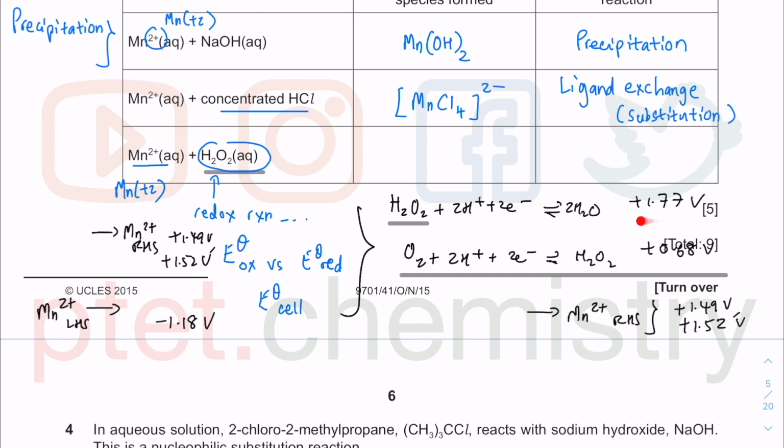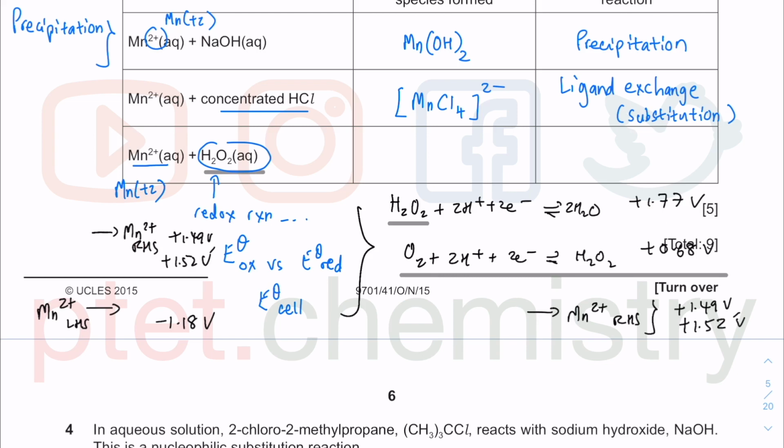Now this is +1.77, which is bigger, more positive than this. If this is your E red, because they undergo reduction, it is more positive than your E ox. So H2O2 will react with Mn2+ if it acts as oxidizing agent, because itself will get reduced.